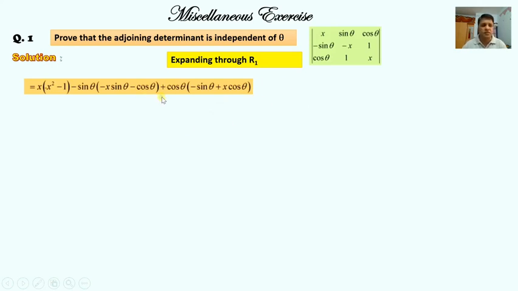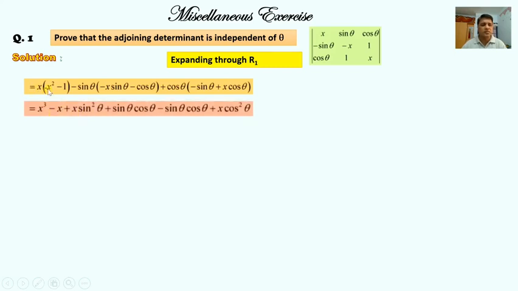So let us multiply now and get the result. We get minus x square into x, minus x cube, and x into minus 1 minus x plus x sine square theta, and then minus sine theta times minus plus sine theta cos theta, minus sine theta cos theta, and plus cos square theta into x. Sine theta cos theta with plus and minus signs cancel.